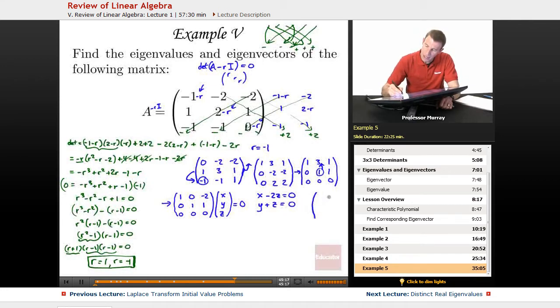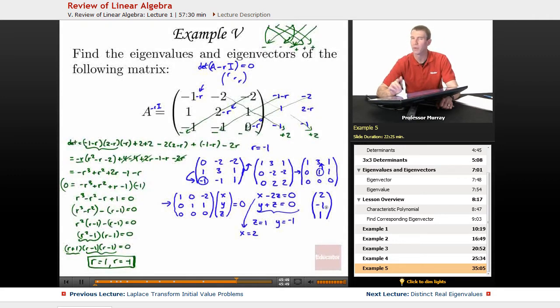Remember how I said in the previous example, you can sometimes start by just taking the last entry to be 1. And that works this time. So if z is equal to 1, then y plus z is equal to 0, so y would have to be negative 1. And x minus 2z is equal to 0, so x equals 2z, and my x would have to be 2. So I'm going to fill that in: 2, then y is negative 1, and z is 1.